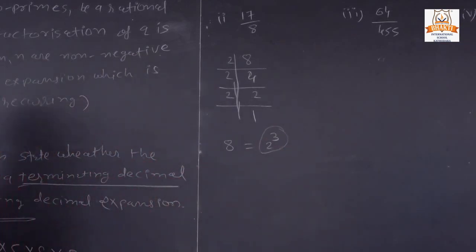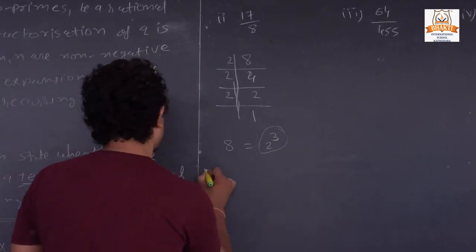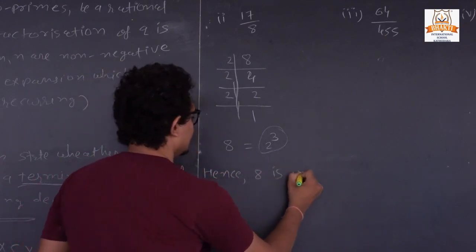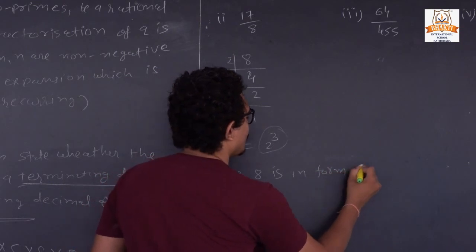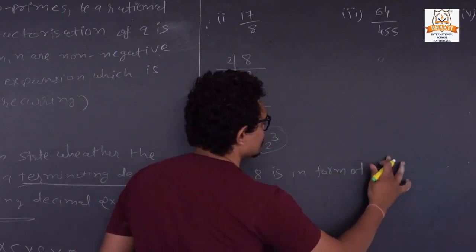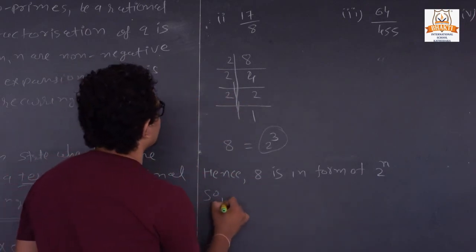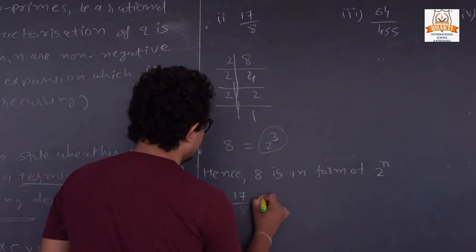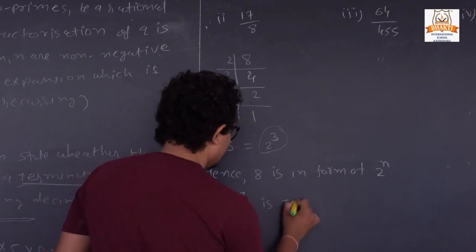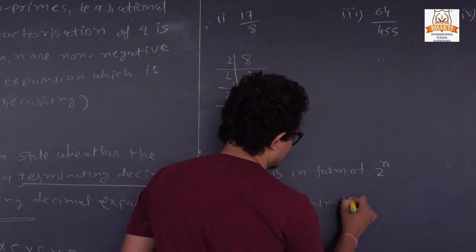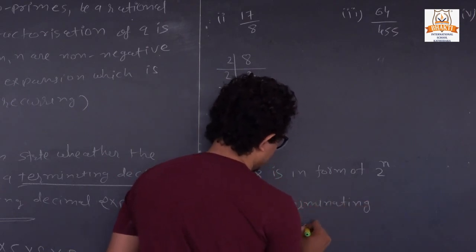Hence 8 is in the form of 2 raised to n. So 17 upon 8 is a terminating decimal.